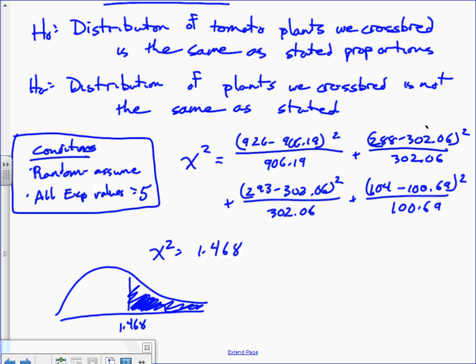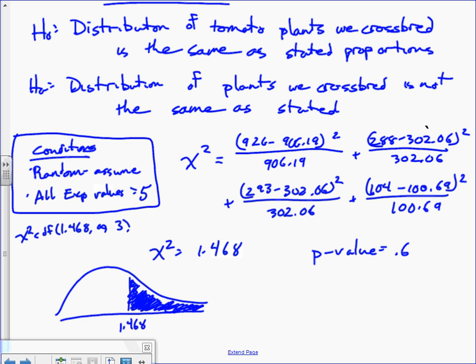If you don't have the TI-84 or above, if you have a TI-83, you're going to have to go to the chi-squared CDF, and then your lower bound is 1.468, your upper bound is infinity, and you have 3 degrees of freedom, and that'll give you a p-value that equals 0.690. So a pretty big p-value.